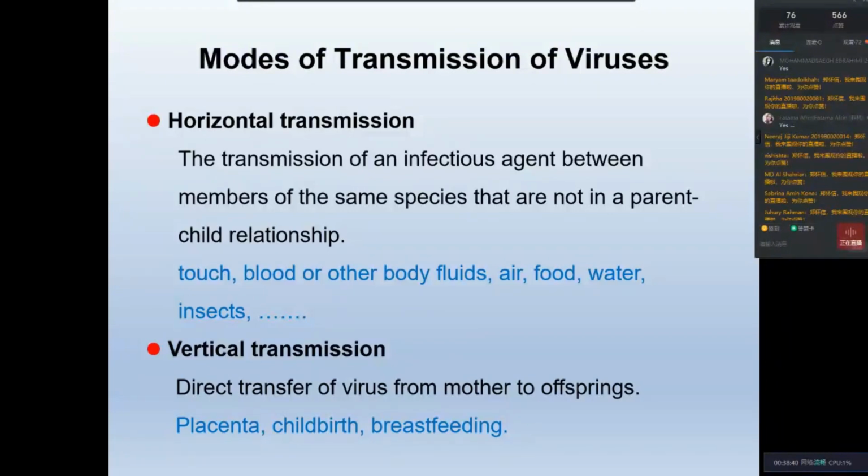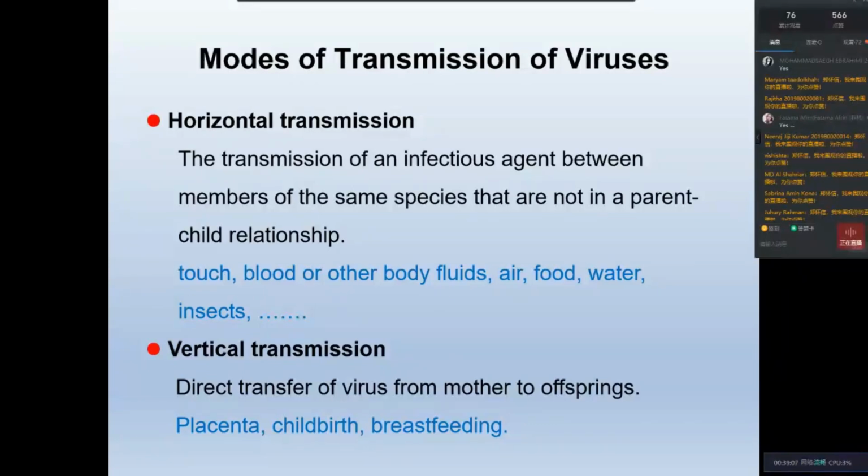For vertical transmission, it means the direct transfer of a virus from a mother to her offspring, that's from a mother to her child. Either transmission through the placenta, where some viruses can cross the placenta and infect the child, the baby.